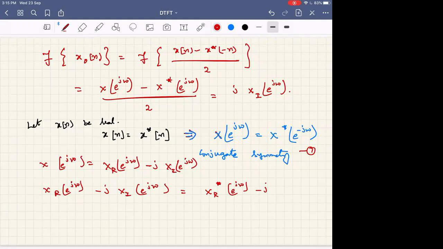This is anyway the real component, so on the right hand side we actually get plus j. What I have written, is it correct or not?